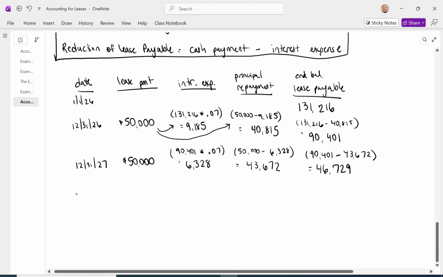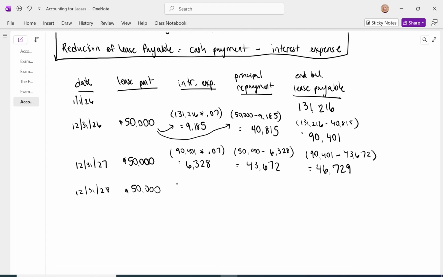We make one more lease payment, the end of 2028. Our beginning loan balance, our lease liability balance, 46,729. Multiply that by 7%. I get 3,271.